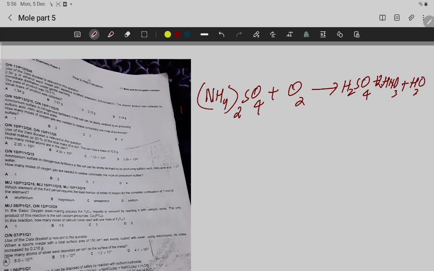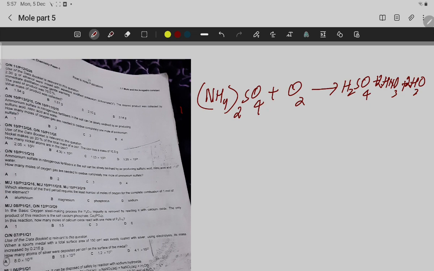Balancing: 2 fours are 8 hydrogen, 2 fours and 2 over here, 2 twos are 4 and 2 sixes, 2 eights. Now let's check the oxygen. 4 plus 2 threes are 6, 4 and 6 is 10, or 2 twelve.